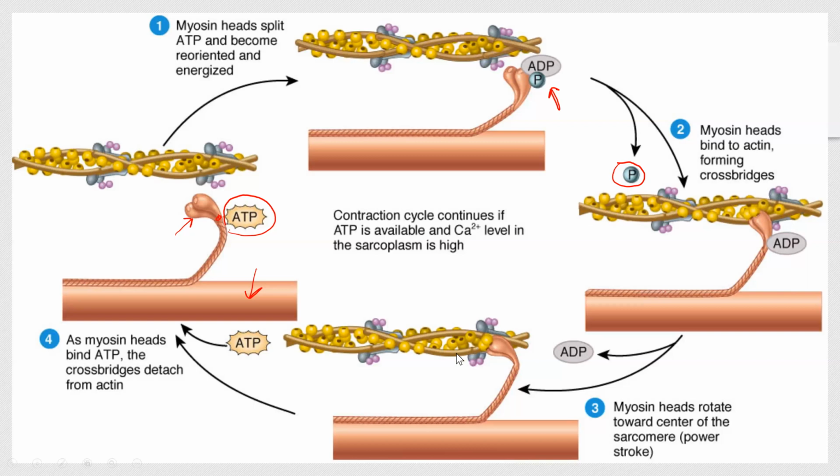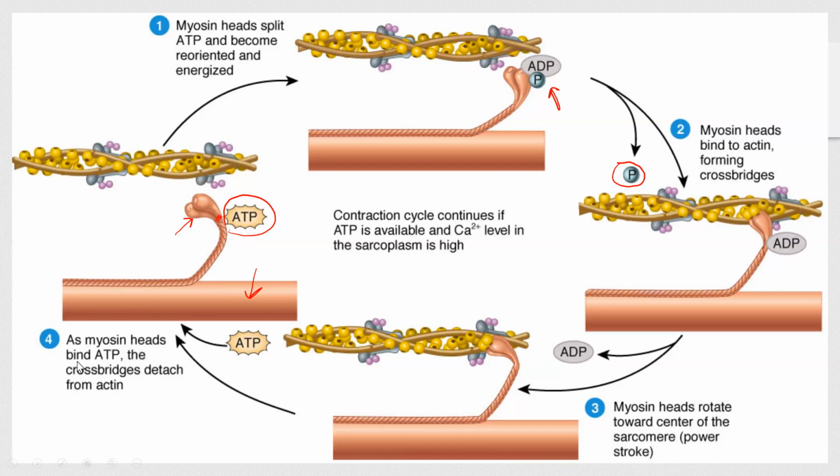And now it stays attached, but it doesn't have ADP or phosphate group or ATP. Now an ATP molecule attaches to myosin, and it's allowed to detach myosin from actin.